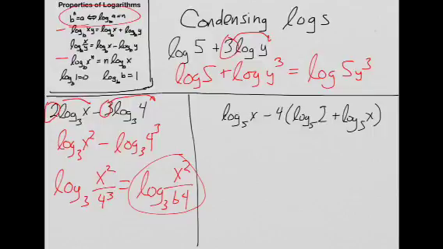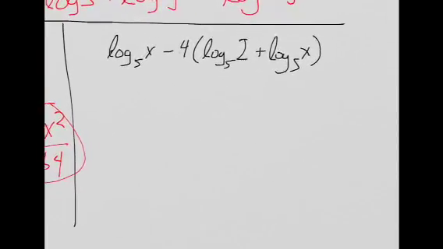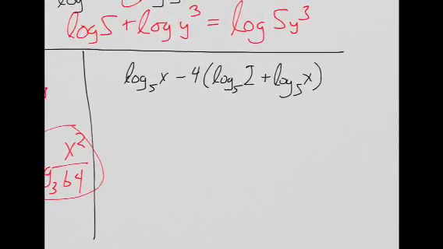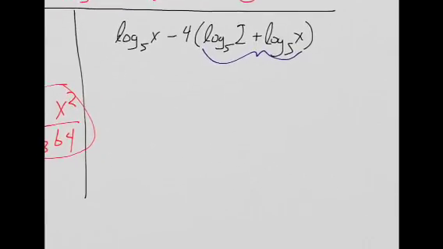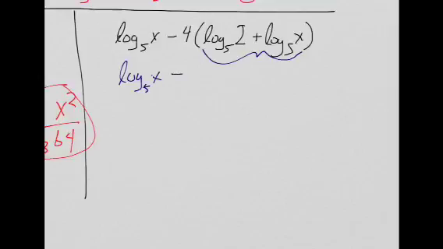Now let's look at this last example. On this last example, we've got to worry about the parentheses involved. So, again, order of operations, first I have to do what's inside the parentheses. So I'm going to make that the log base 5 of x minus 4 times the log base 5 of 2x.